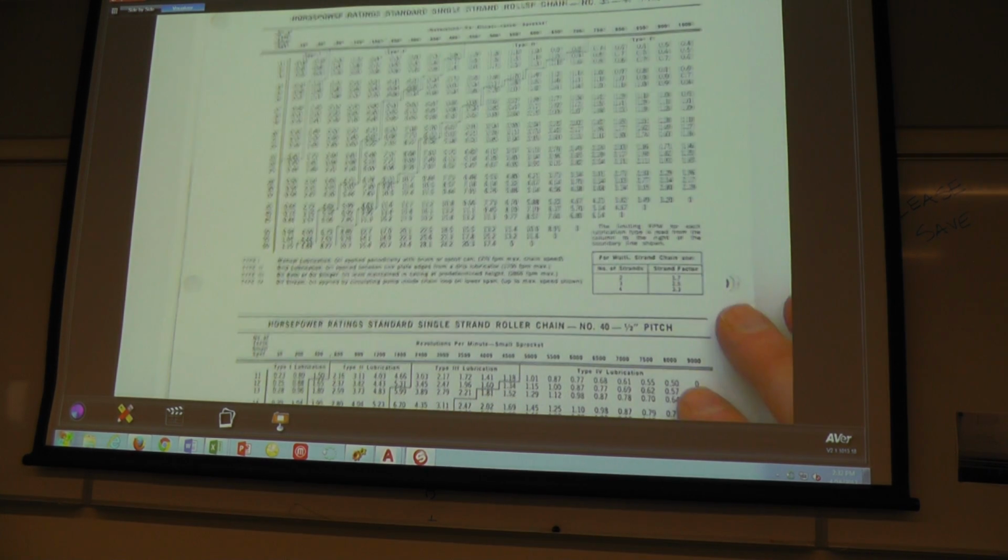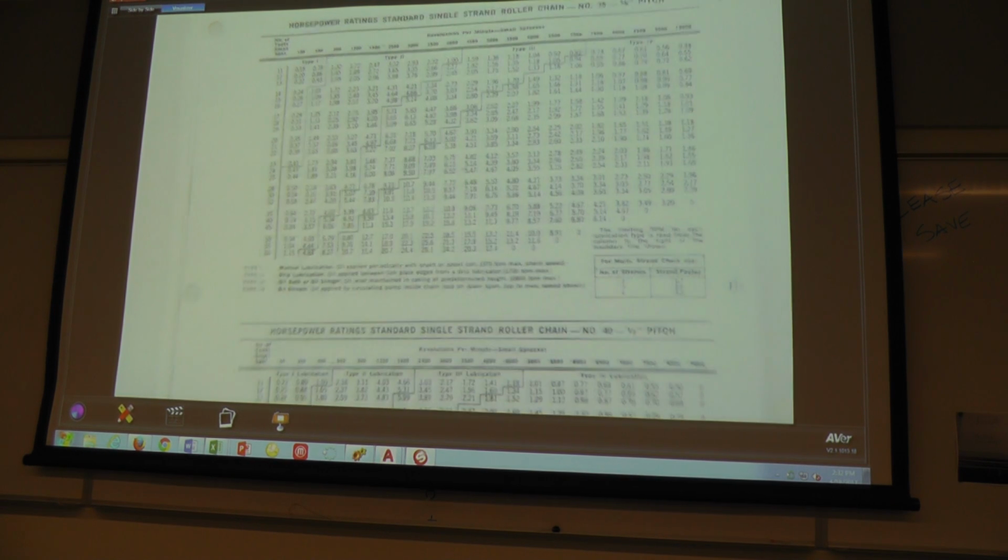And of course there's many different pages out of that catalog that have factors that I can look at. And I think that's about it until we get back into, oh, this is one other one.